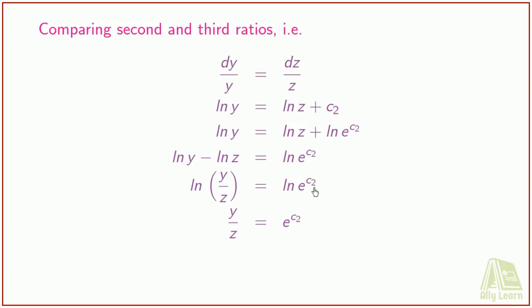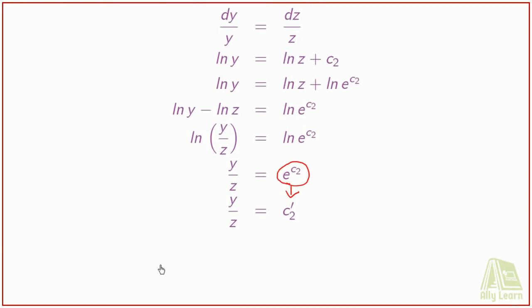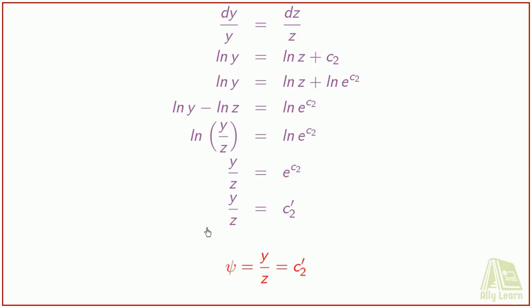Now we write e to the power c2 in a simpler manner, say c2 dash. c2 is a constant, so exponent of c2 is again a constant. So y over z equals c2 dash. Okay friends, now my second solution is psi equals y upon z equals c2 dash.